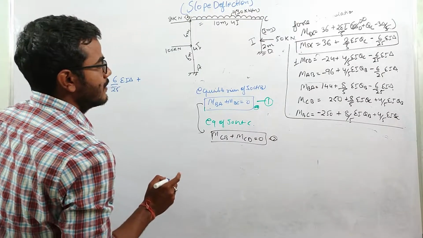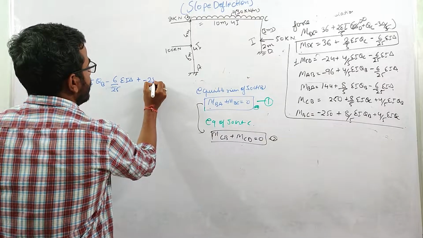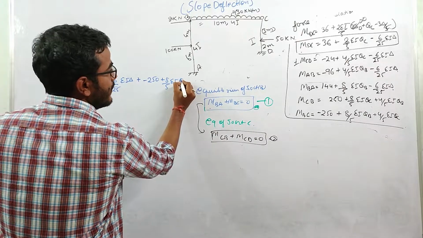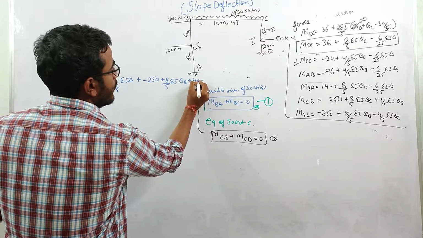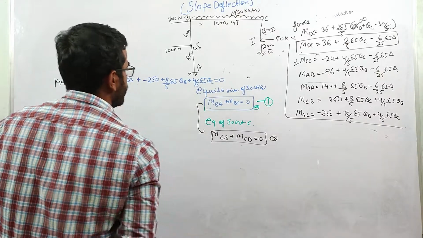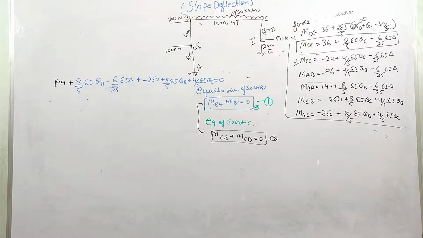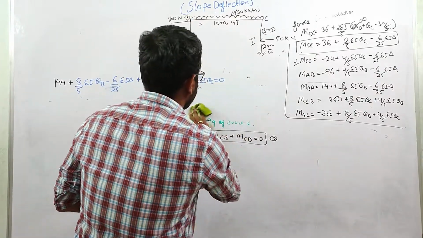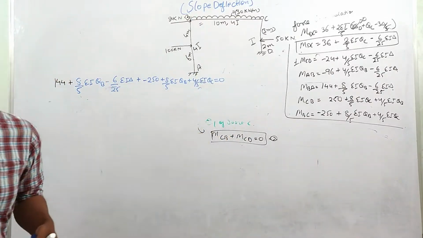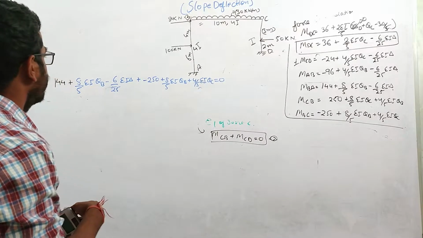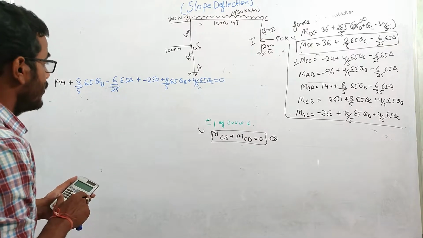MBC is minus 250 plus 8 by 5 EI theta B plus 4 by 5 EI theta C will be equals to 0. You need to solve this equation very carefully because a small mistake can destroy your answer.